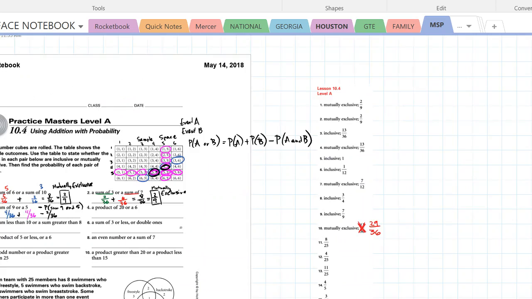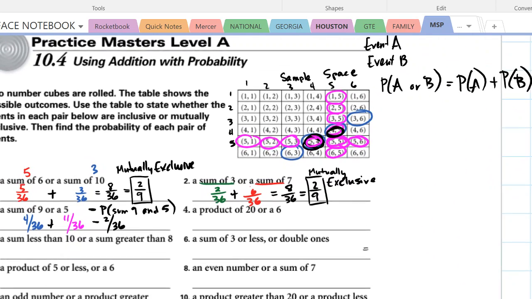Okay, so that's the formula. I'm going to tell you that I don't use the formula, that way I don't have to subtract.